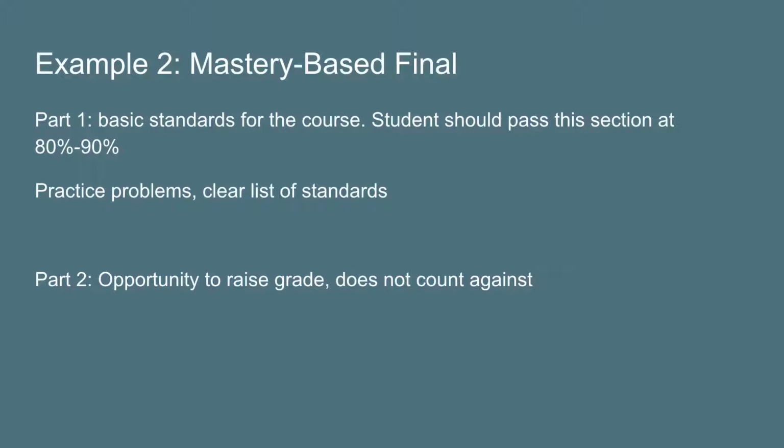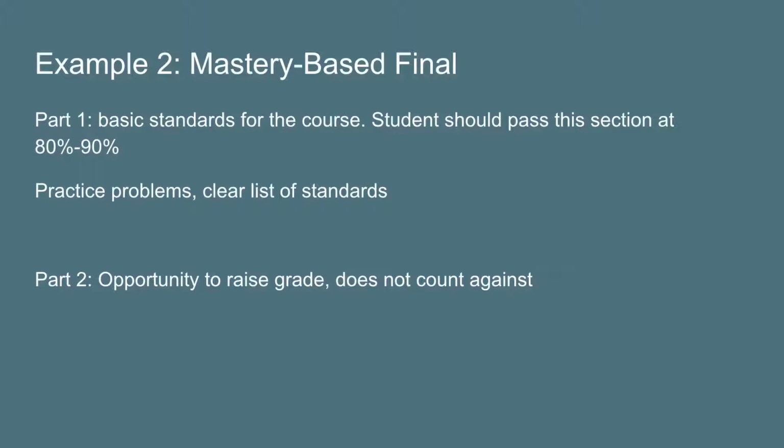The pre-final grade is a grade that you calculate based on the usual things: midterms, homework, class participation, presentations, whatever the usual things are that you have in your class. And then you calculate a grade before they take the final exam. They come in with what I call a preliminary or tentative grade. So passing part 1 means you keep the tentative grade, or you get at least a C in the course if you're coming in below a C.